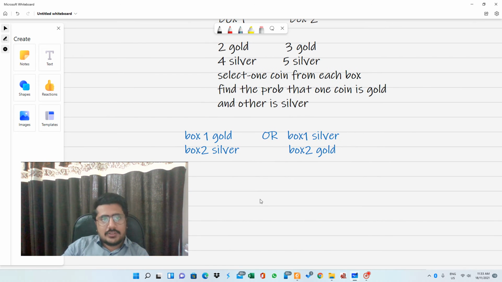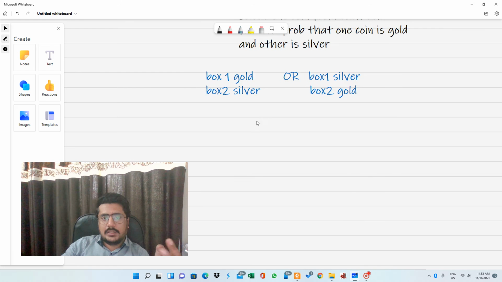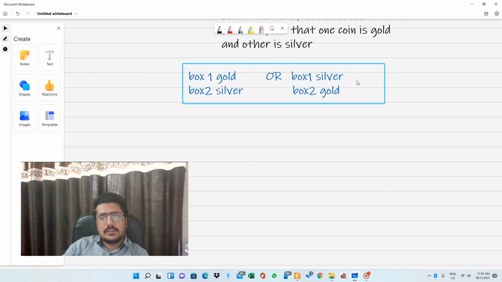They have not mentioned from which box there should be gold and silver. They have mentioned that one should be gold and the other should be silver, so I have to consider both possibilities. In this also one is gold, other is silver, and in this also one is gold and the other is silver.